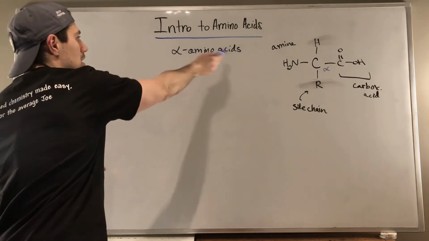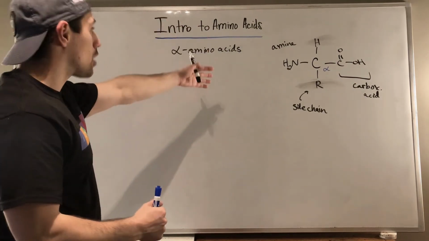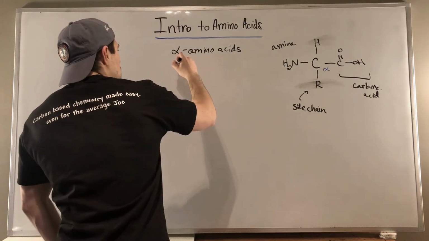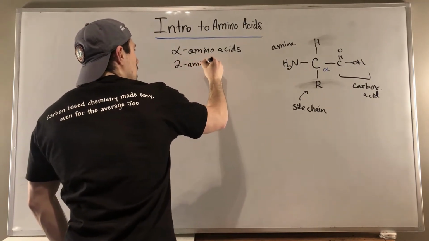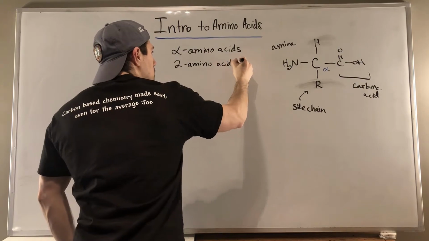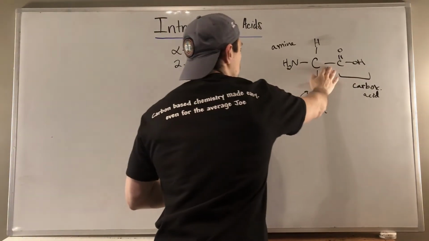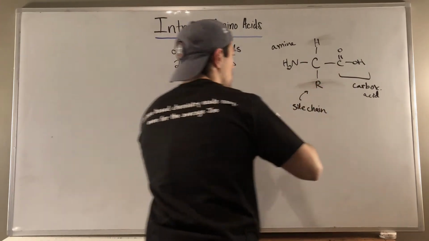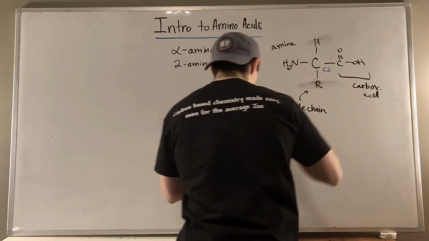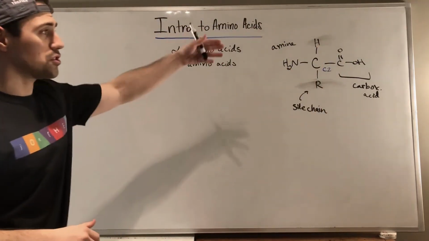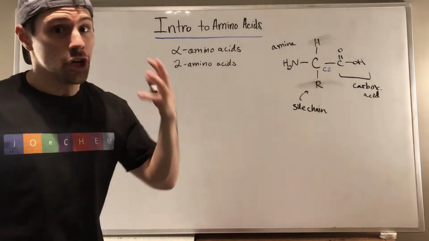So an alpha amino acid just means alpha to the carboxylic acid, there is an amine. What's also important is that this carbon right here is referred to as C2. You will see people refer to that very often. Obviously it's because it's the second carbon, if we're numbering starting at the carboxylic acid carbon.